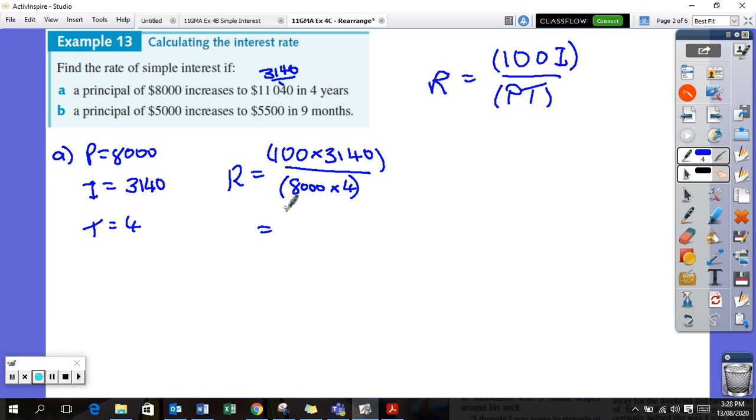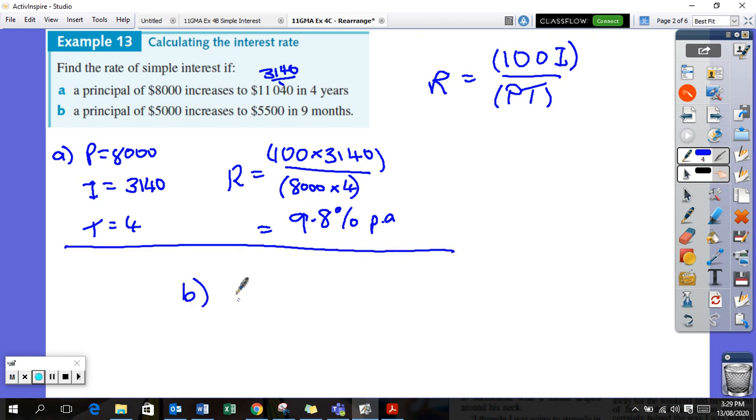So we've got bracket 100 times 3,140, close bracket, divided by bracket 8,000 times 4, and I get 9.8 per annum.